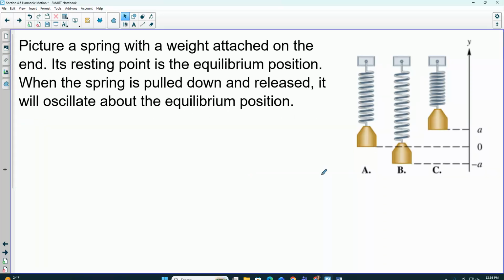If you have a spring with a weight attached to the bottom and I pull the weight down and let go, what's going to happen? It goes up, and it doesn't just go up and stop. It goes back and forth. So that could be modeled with a sine or a cosine type function, because it oscillates around that equilibrium, going above it and below it. That's one situation where it's used.